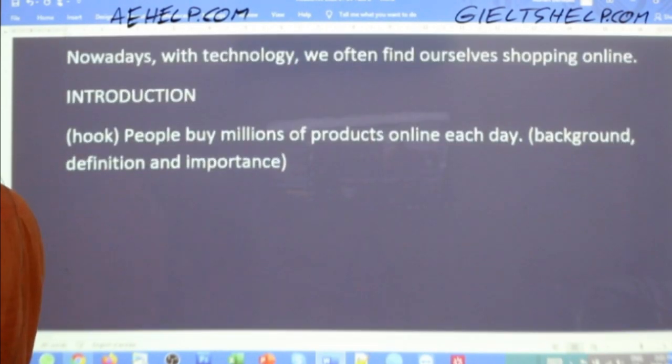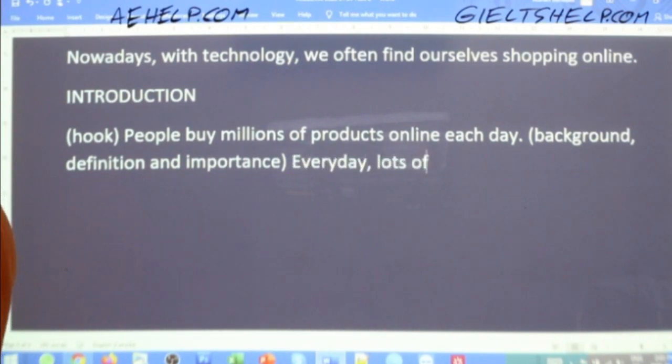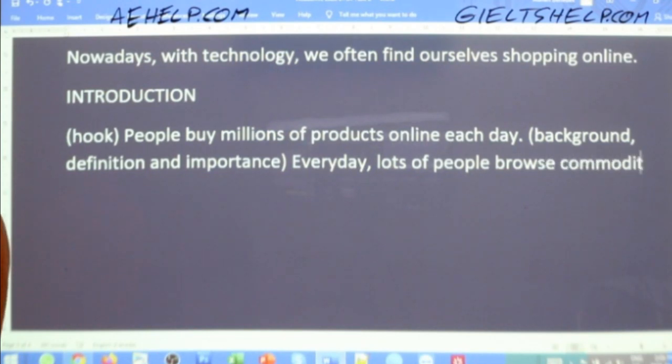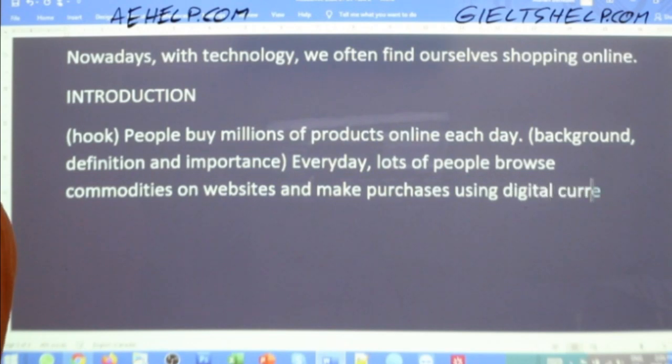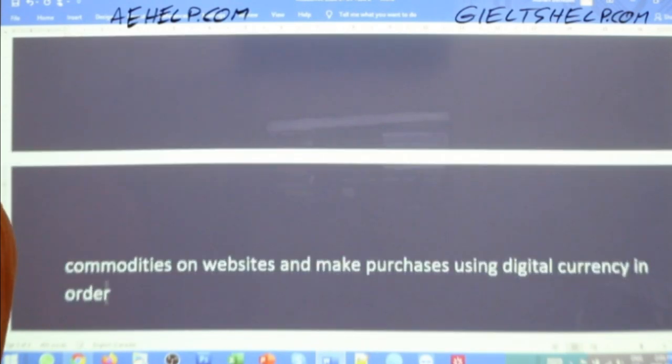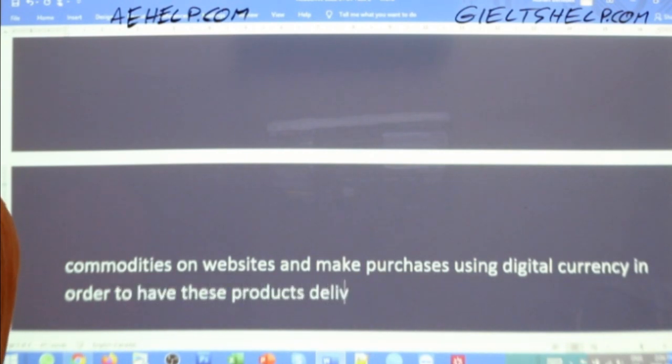Definition, here we go. So every day, lots of people browse commodities on websites and make purchases using digital currency in order to have these products delivered to their home or office.